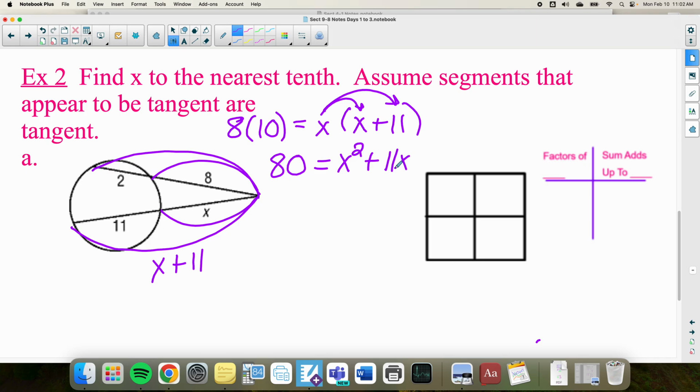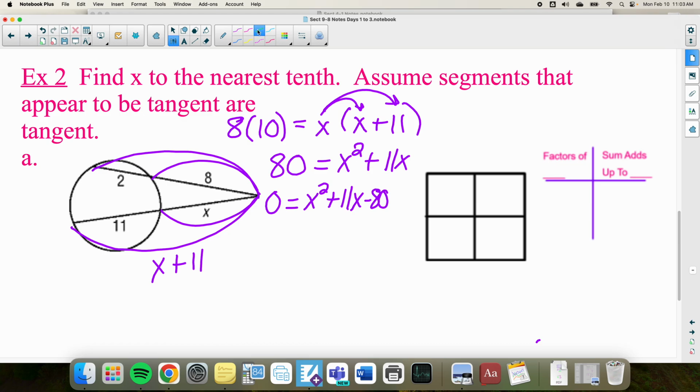Earlier, we would always bring the 80 over to the other side, so your x squared, your x, and your number are on the same side. So this would be x squared plus 11x, and when I bring that 80 over, it's going to be negative 80, okay?